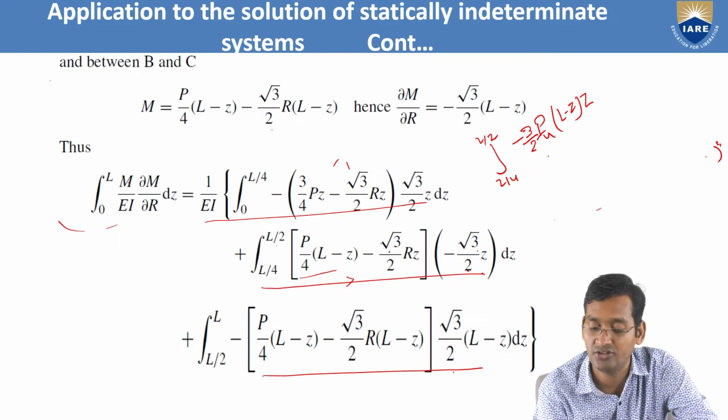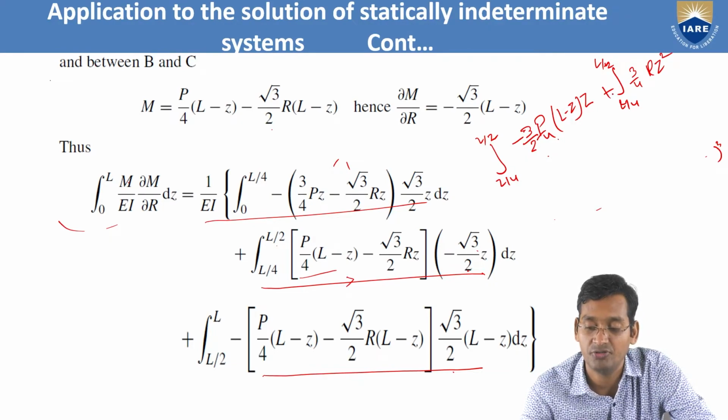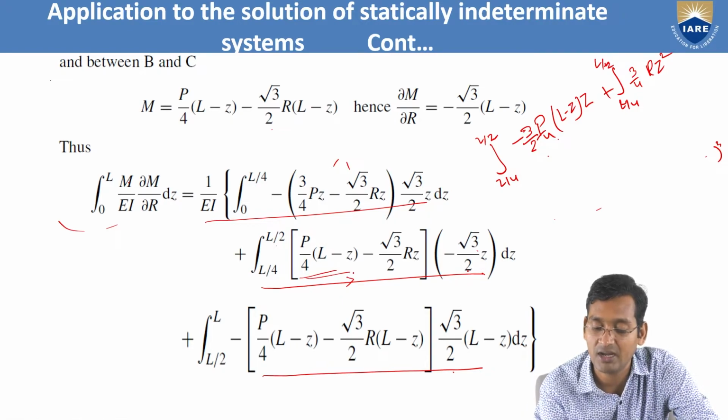Now if we multiply minus 3, it becomes plus 3 by 2, plus 3 by 2 rz square. So plus L by 4 to L by 2, this is 3 by 4 rz square.